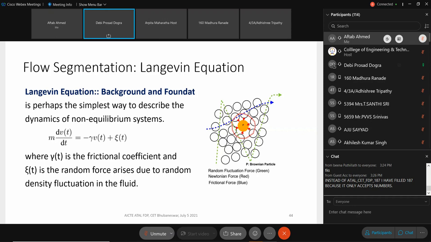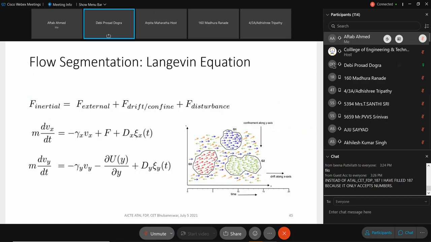The particle also experiences the Newtonian force, based on attraction, which is the red part in the center, and it also experiences the frictional force. That frictional force is because of the nearby particles when they are moving. So with these three forces, the Langevin force model is established.